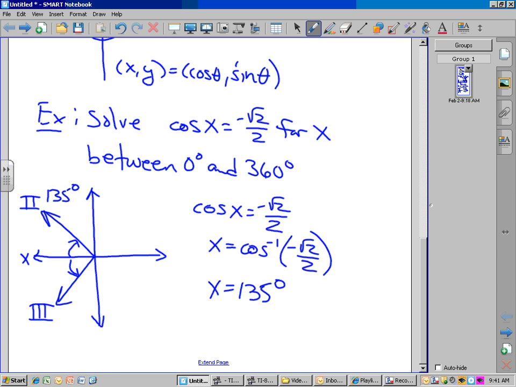Now, how far is 135 away from the x-axis? So it must be 45 away down here to figure out our other solution. So what's 45 more than 180? 225.